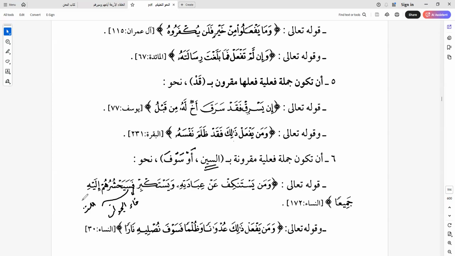This seen is for what? It's litanfis. Fa al-jawab. So you see seen here. Waman yastankif. This is where it started. Adat al-shart. Fi'l al-shart. Or jumla al-shart. And then jawab al-shart.